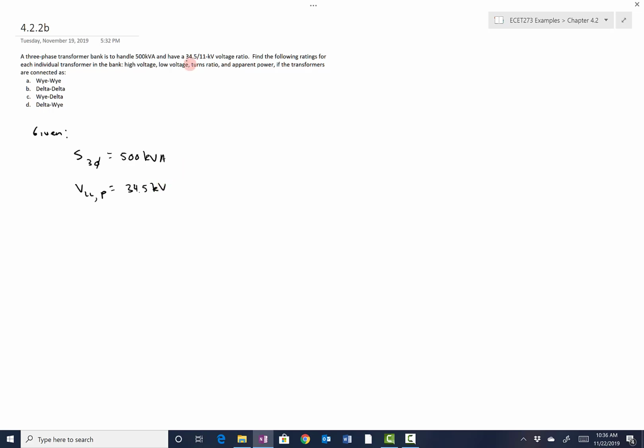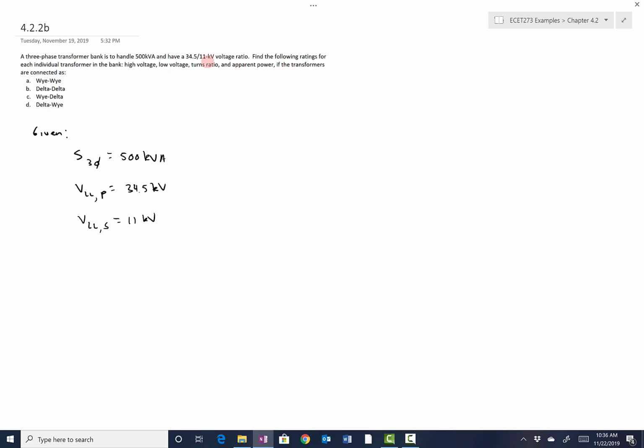That's the primary rating here. And the line-to-line voltage on the secondary side, the output voltage, should be 11 kV if the input voltage is 34.5 kV. So we can interpret those as the input rating on a line-to-line basis, and the output rating on a line-to-line basis.